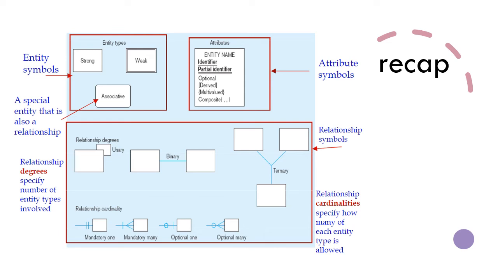Unary and binary. But somehow I already explained the binary and the unary. Unary is to have a relationship with the same entity. The entity has a relationship with itself. Okay. That is a unary. The rest is a binary. Binary. And then we can also have ternary and quaternary.